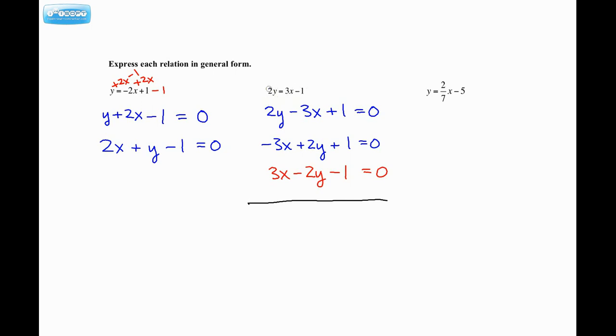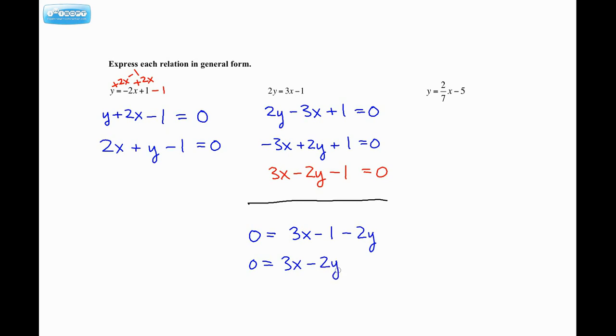So in this technique, I'm just going to subtract 2y from both sides. So that leaves me with 0 equals 3x minus my 1 minus my 2y. Okay, I'll just reorder the terms.